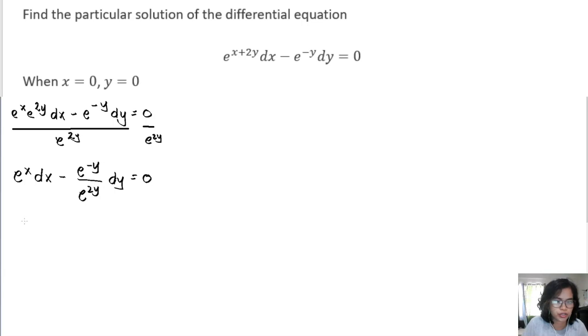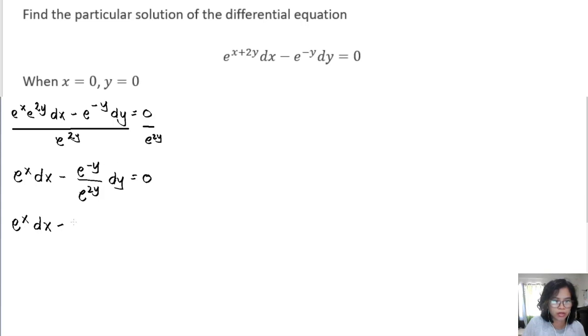Simplify the equation. This would become e to the x. Can you clearly see my penmanship? Okay, laws of exponents, e to the negative y all over e to the 2y. That would become e to the negative y minus 2y.